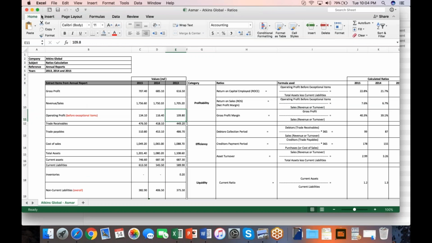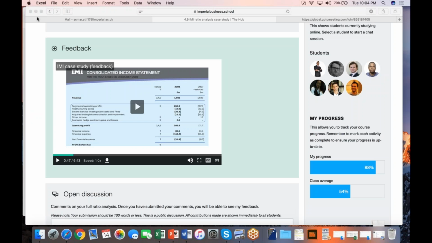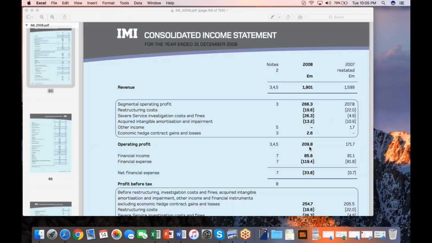So this is IMI. Okay. So Sami, if you recall, this IMI has operating profit of 209.8. That's true. You can see that here. Yes, we can see it. Perfect. Now, do you recall which figure we should use in IMI?